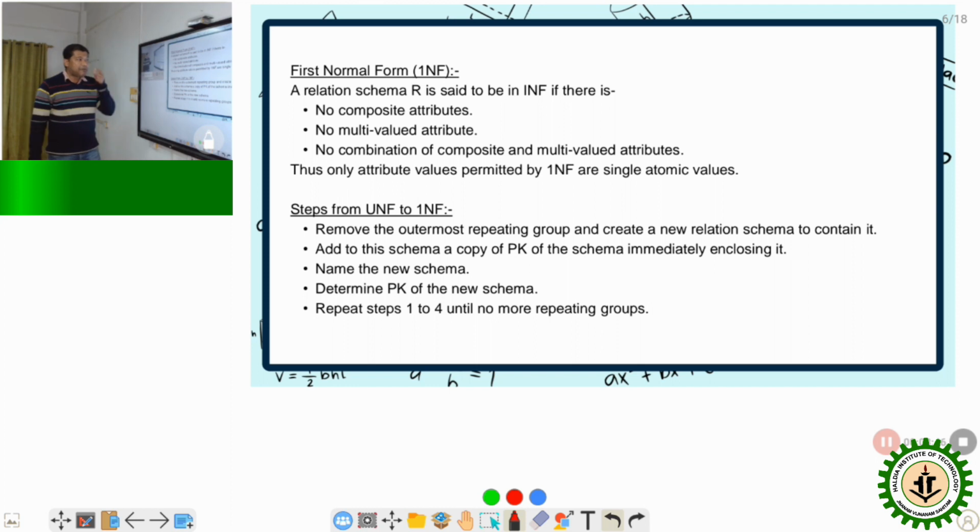So the attribute value permitted by 1NF must be a single atomic value. So the steps to convert from unnormalized form to first normal form: we have to remove the outermost repeating group and create a new relation, and also we have to find out the primary key of the table by which we can uniquely identify the row.